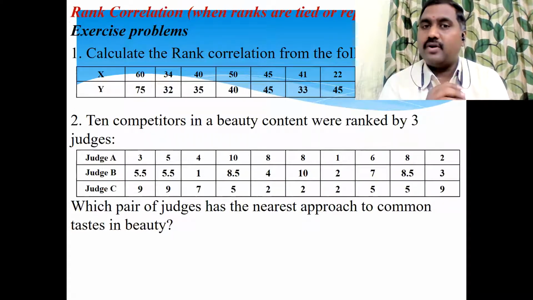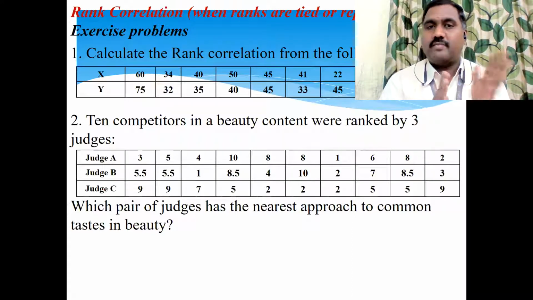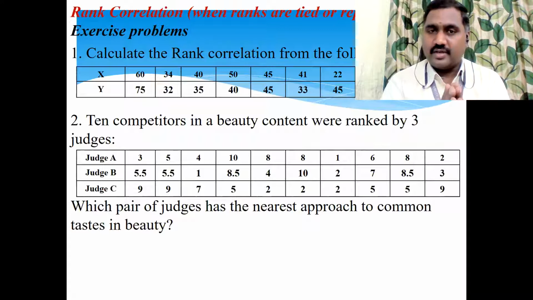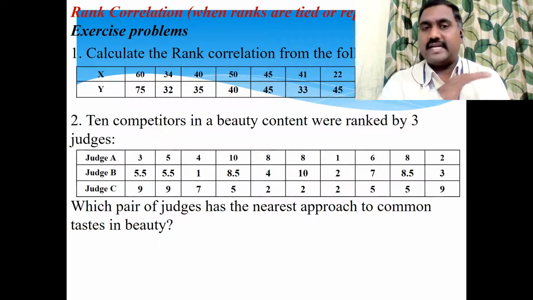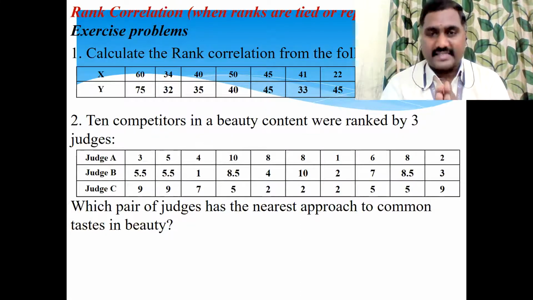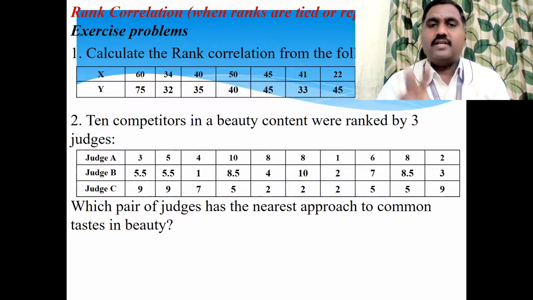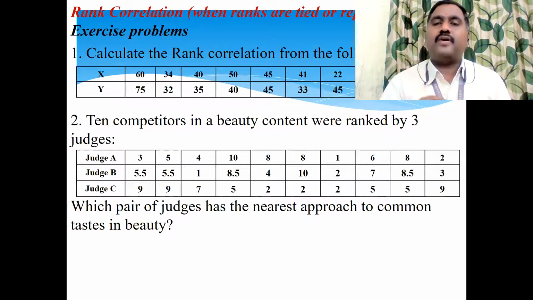Now in the formula, how many times should 1 by 12 come? 2 times should come: 1 minus 6 into summation d square plus 1 by 12 into m power 3 minus m plus 1 by 12 into m power 3 minus m, divided by n power 3 minus n. Because 2 numbers are repeated, that's why we are putting 2 times 1 by 12.